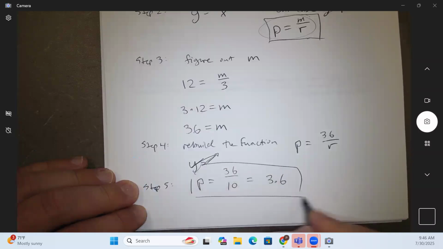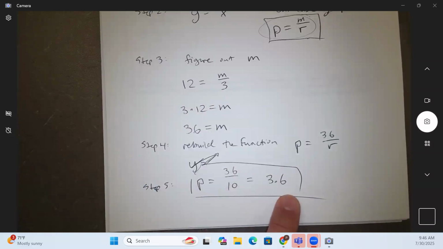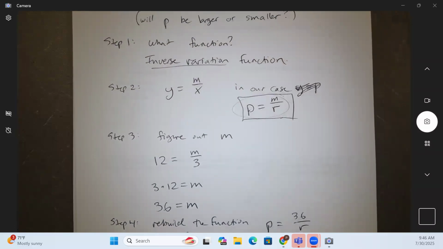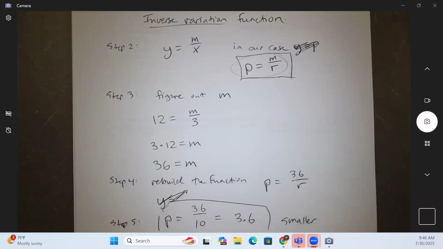Is that larger or smaller than it was? Smaller. Which makes sense because it varies inversely. As the input gets bigger, the output gets smaller. That's what it means to vary inversely.